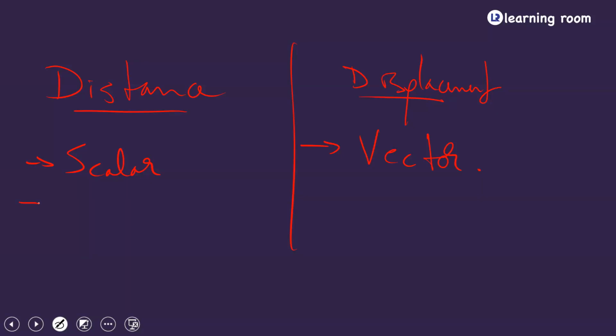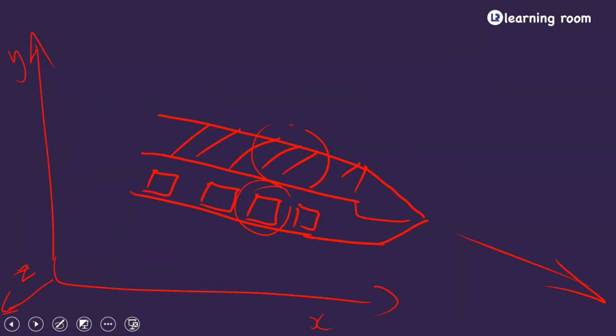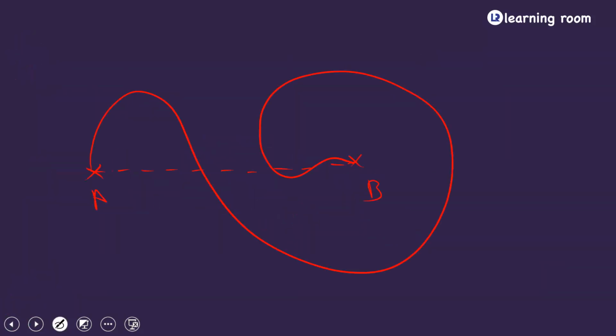Distance obviously depends on the path that you travel. Does the displacement depend on the path? It does not, it is independent. Displacement only cares about your initial position and your final position. Is that clear?